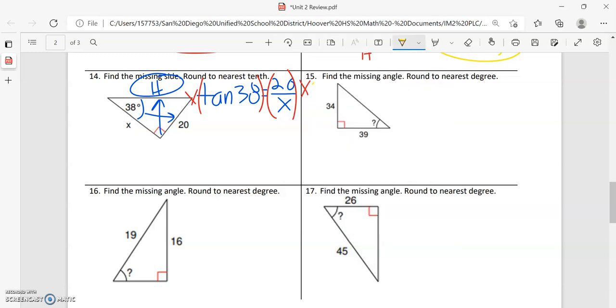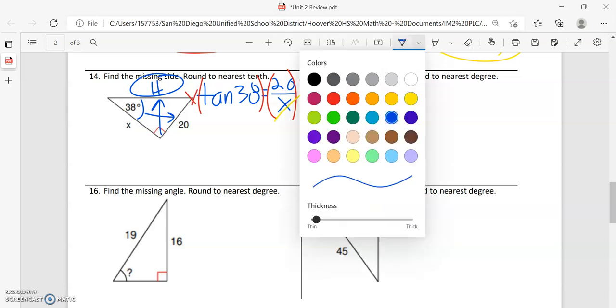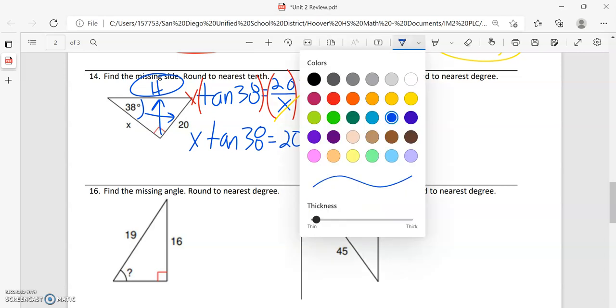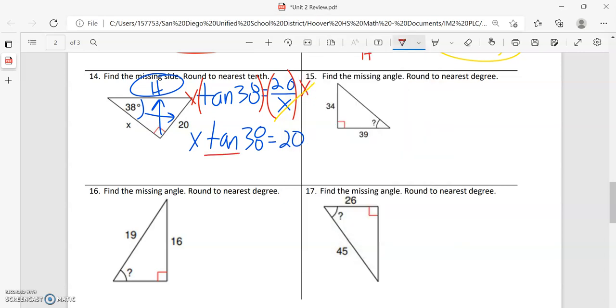That moves those guys. And we have x times tan of 38 is equal to 20. The last step here is to divide by tan of 38. Those cross off. X is equal to 20 over tan 38, which is 25.6.